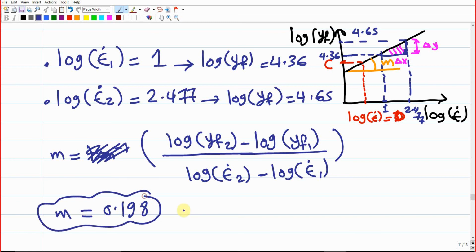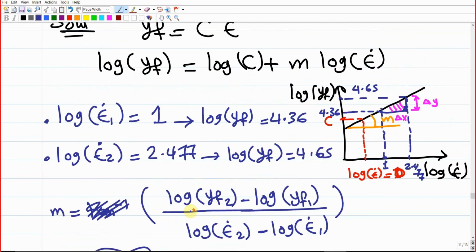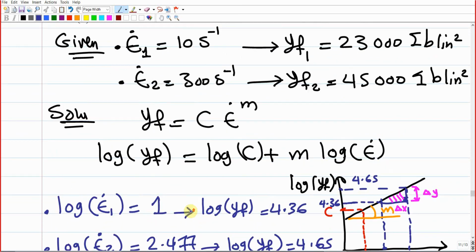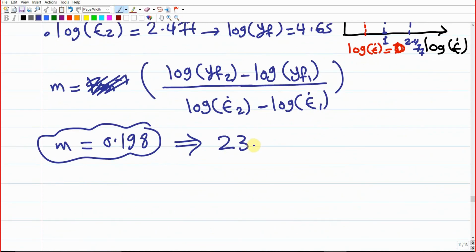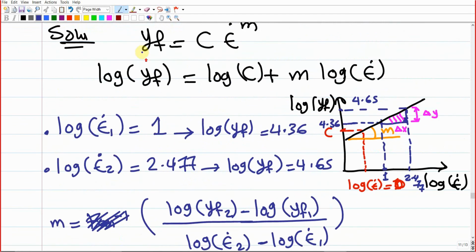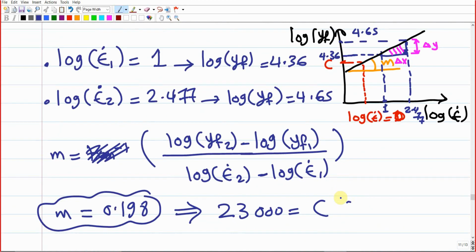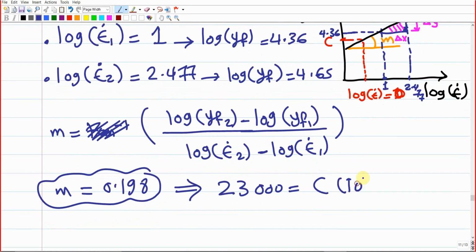Then once you have M, you can use this M with one of these two data points to end up with C. So for example, for the first one, we have the flow stress, which is 23,000. It should equal C times epsilon dot, which corresponds to this value of 10, to the power of 0.198.